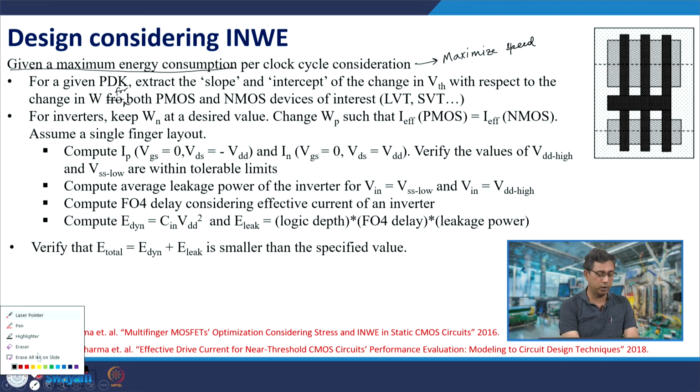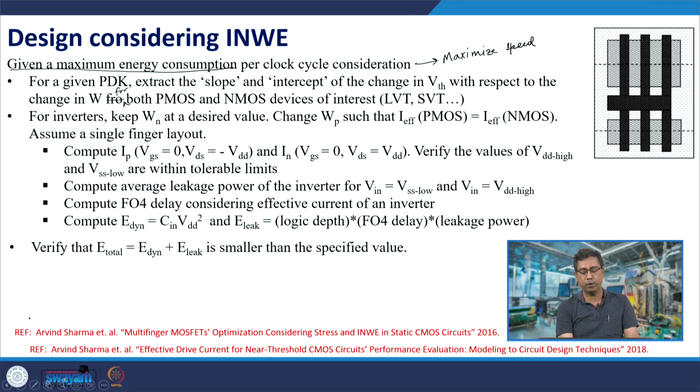How would you extract the threshold voltage? Here I would say that you extract the linear threshold voltage, VTH linear. How would you extract that? Keep VDS small and plot ID versus VGS.